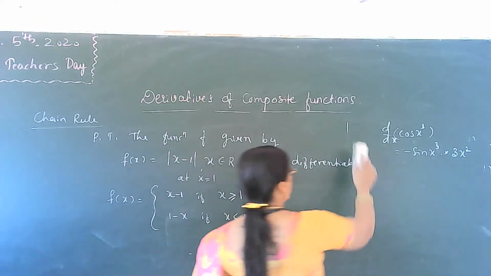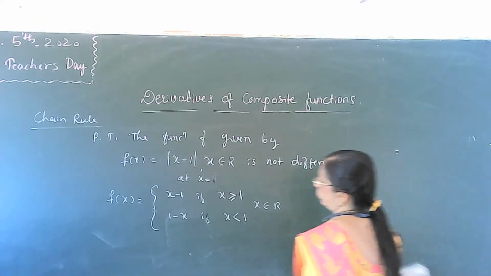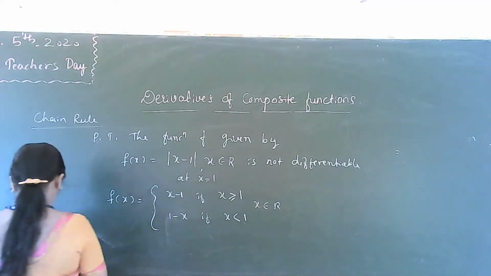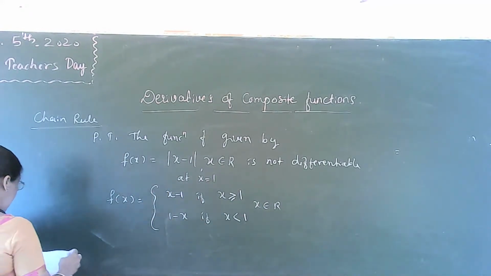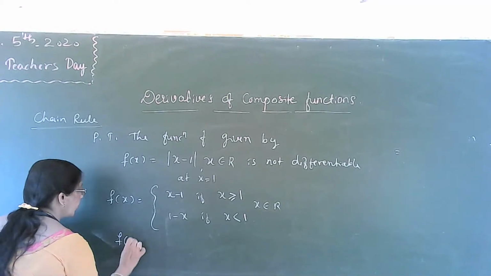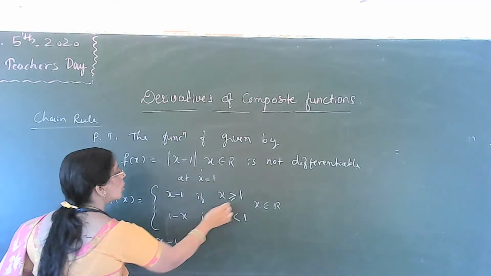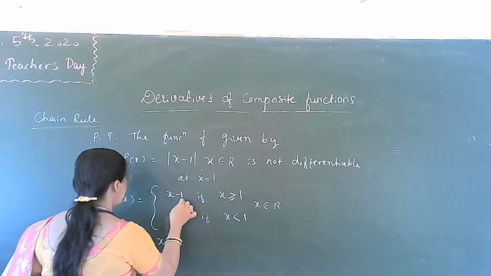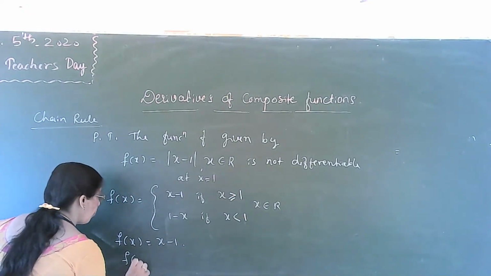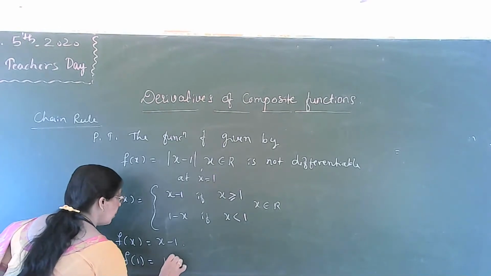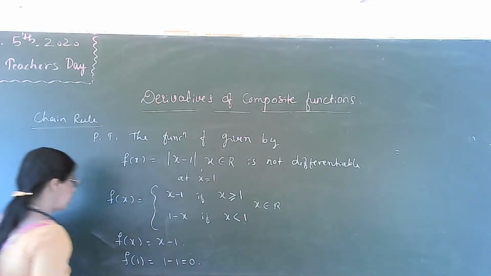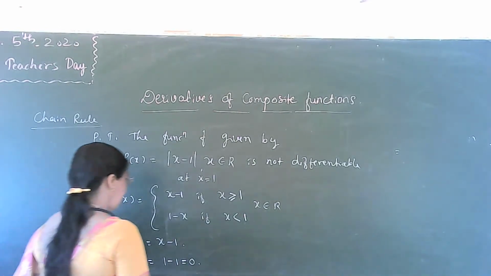Otherwise, it is not a differentiable function. Here at x equal to 1 it is x minus 1. Therefore f at 1 is equal to 1 minus 1 which is equal to 0.